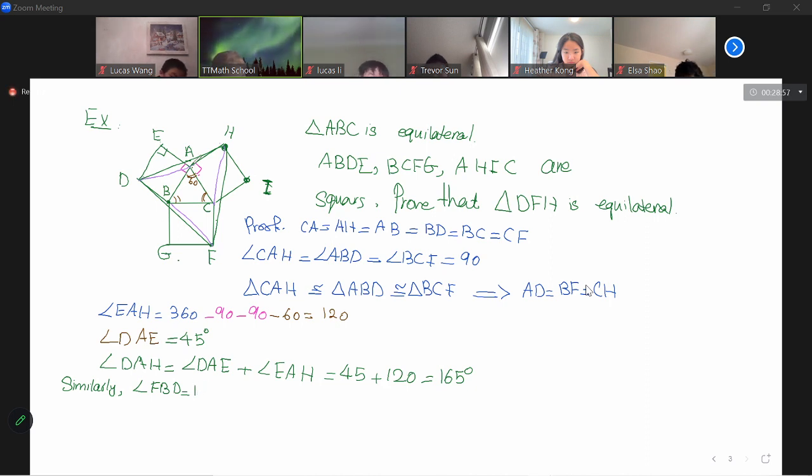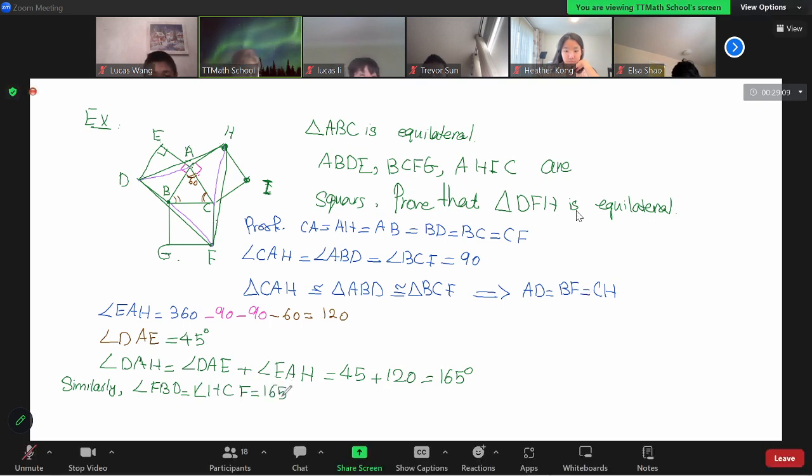We proved DAH is 165. The angle FBD, exactly similarly, you can prove is equal to the angle HCF, and they're all equal to 165.